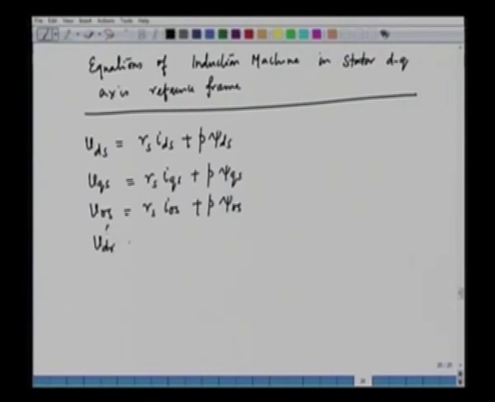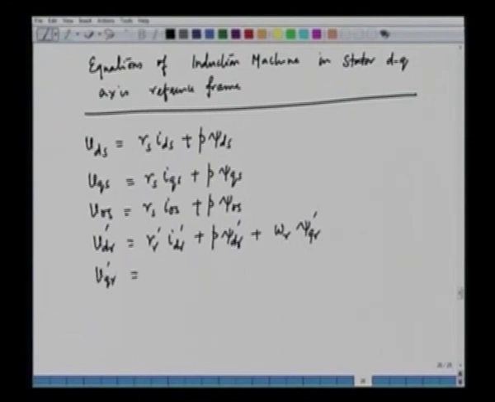VDR prime equal to RR prime IDR prime plus P psi DR prime, plus omega r psi QR prime. All the variables are referred from the primary side.